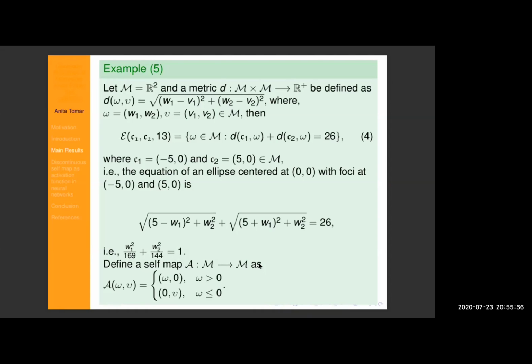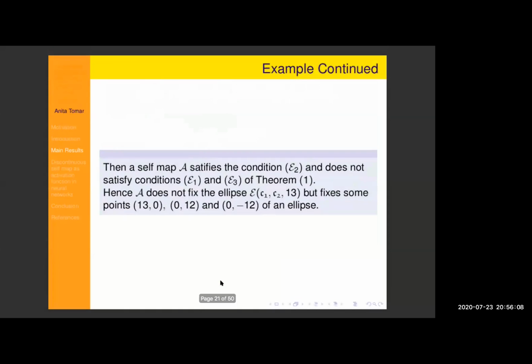And if we define a map A(W,V) equal to (W,0) for all the points for which W is greater than 0, and (0,V) for all the points for which W is less than 0, then this self map A satisfies only the second condition but does not satisfy the first and third conditions of theorem 1. And one may see that A does not fix the ellipse which we defined on the last slide, but it fixes only the points (13, 0), (0, 12) and (0, -12).